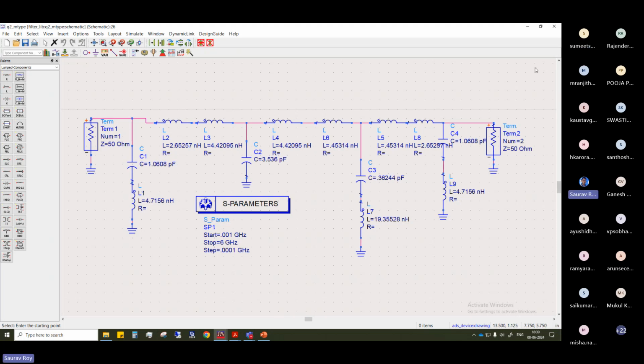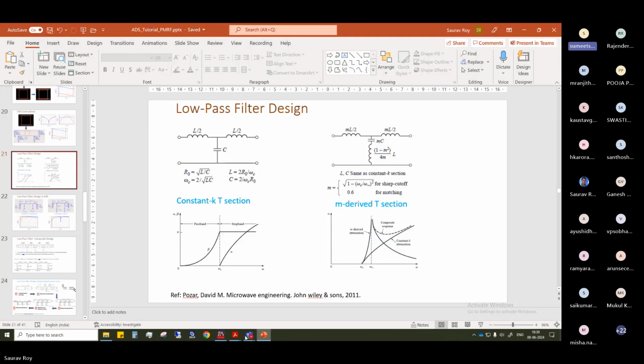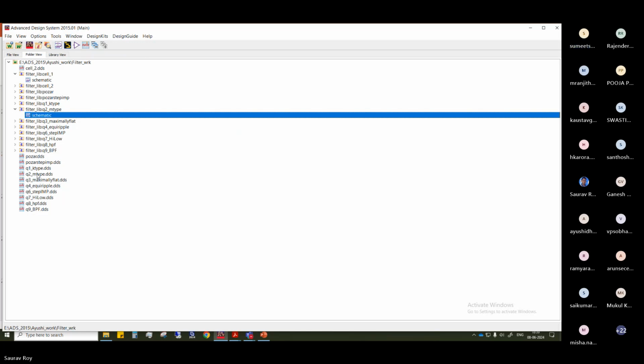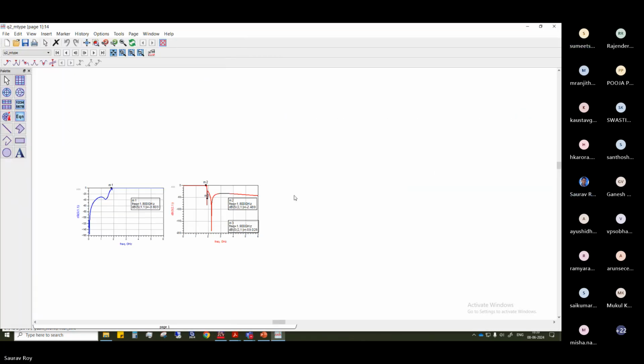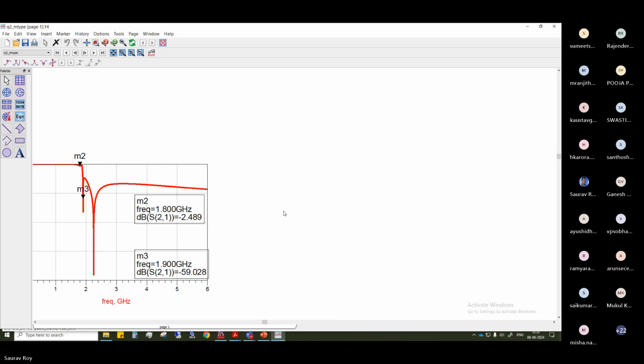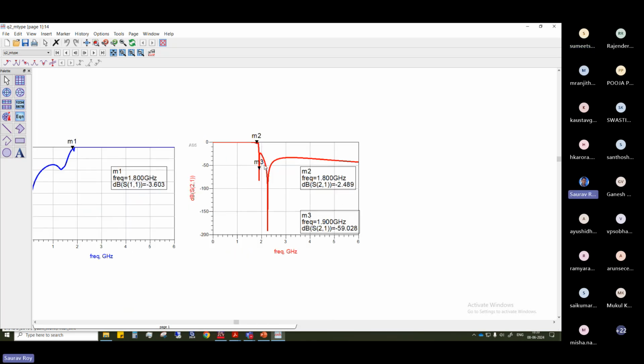And if you see the results here, see the M-derived section results. The right one is the S21. See, we have a very sharp pole here around 2 gigahertz. That was introduced externally, additionally.